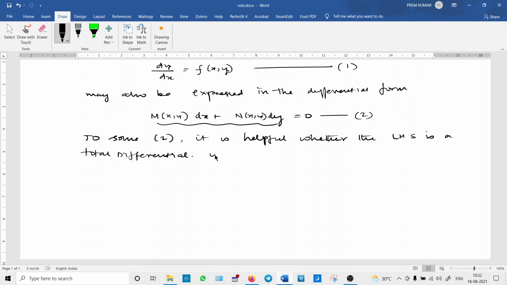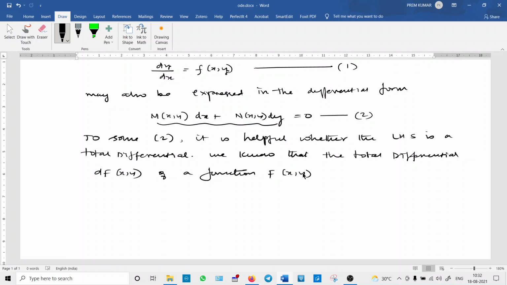We know that the total differential, say dF of x and y. Suppose a function capital F is there. What is the total differential of a function which depends on two variables, say capital F of x comma y?